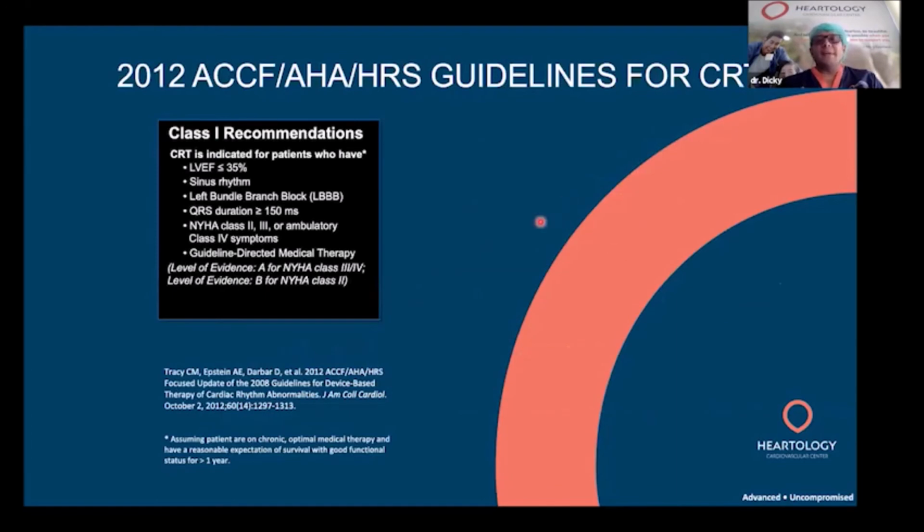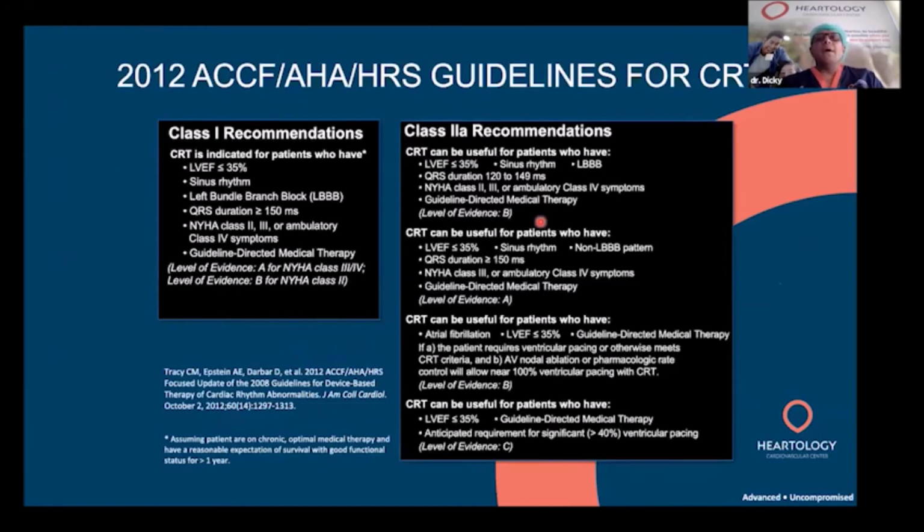That's why the guidelines also recommend CRT in patients with an ejection fraction less than 35% in sinus rhythm and a left bundle branch block with a QRS duration of over 150 milliseconds with functional class 2, 3, or ambulatory class 4, and already under guideline directed medical therapy.